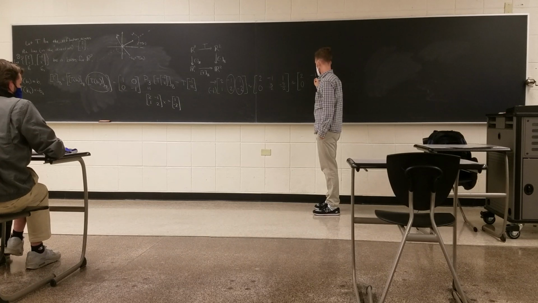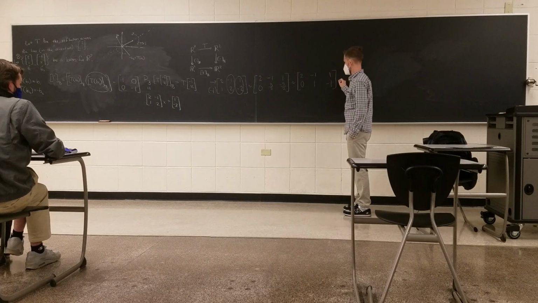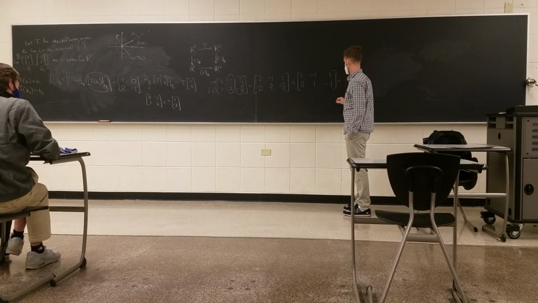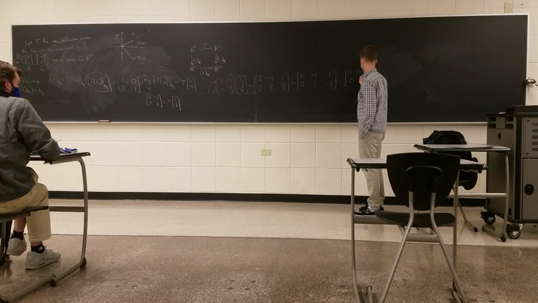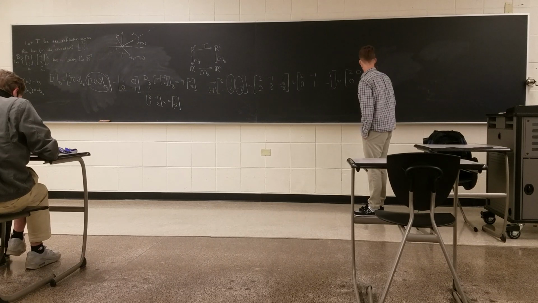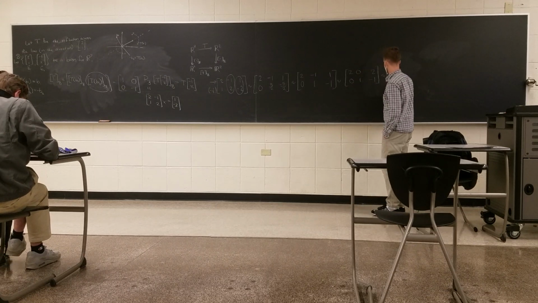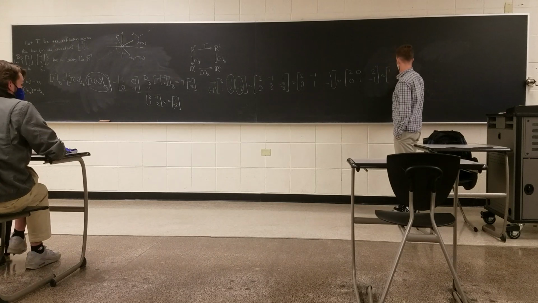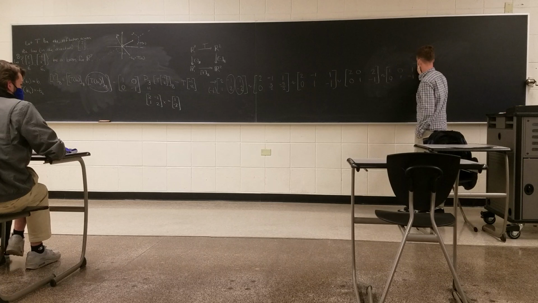Okay, so this should be 1, minus 1. Oh, now it becomes easy. So 2, 0, 2, 0, 1, minus 1. I don't know why I'm writing all this out. 0, 1, minus 1.